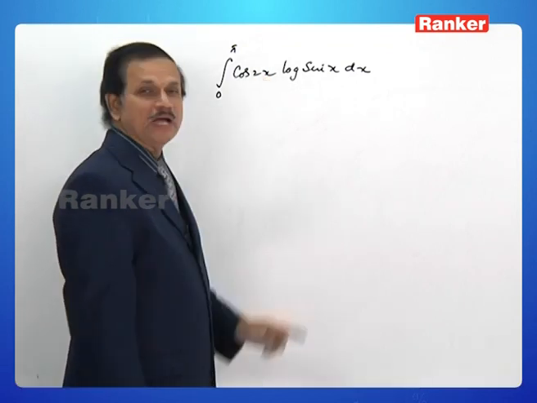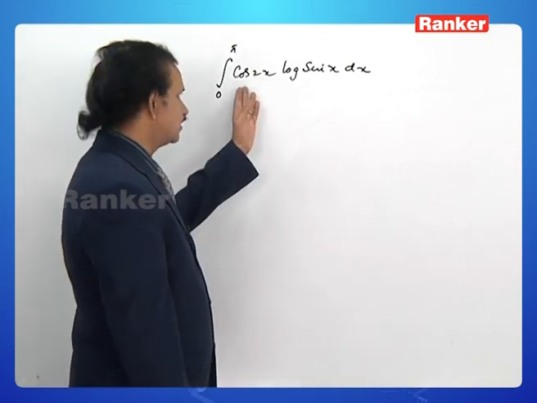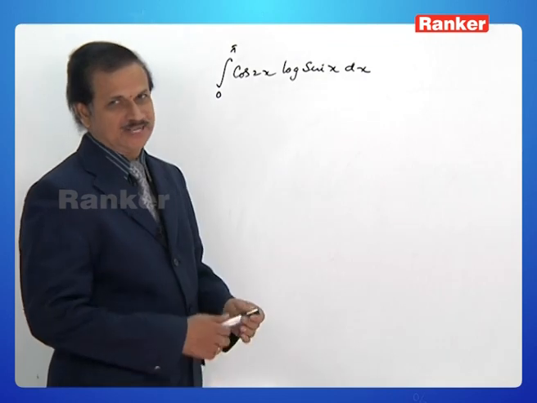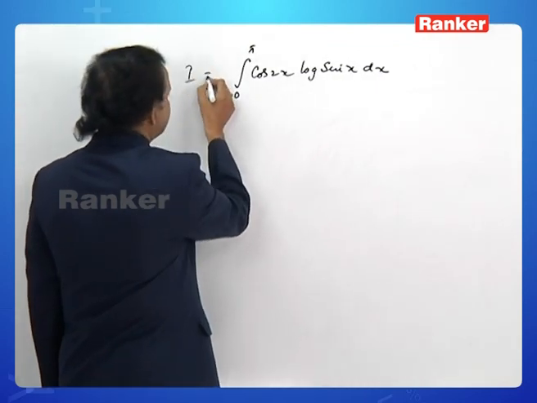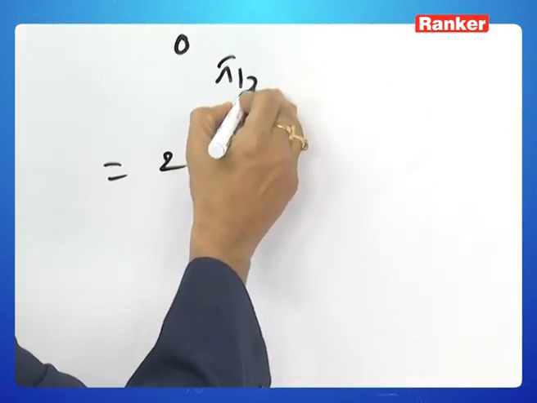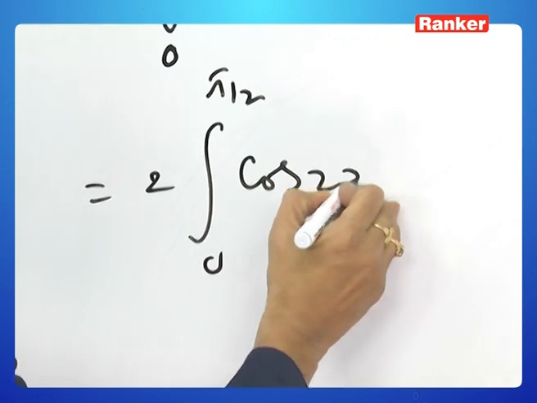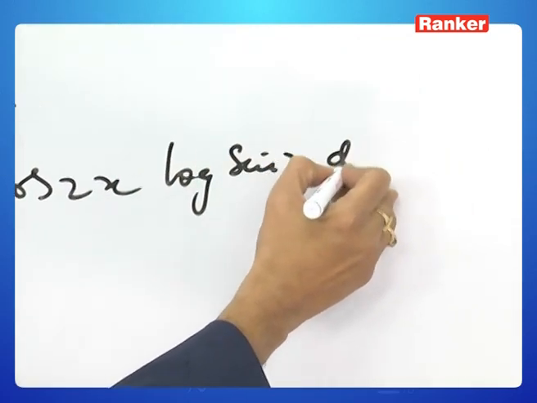Cos of 2 into (pi minus x) is 2 pi minus 2x. Fourth quadrant, it is cos 2x. And sine of (pi minus x) is sin x. There will be no change at all. Hence, if you name this as I, this can be taken as integral 0 to pi by 2 cos 2x into log sin x dx.